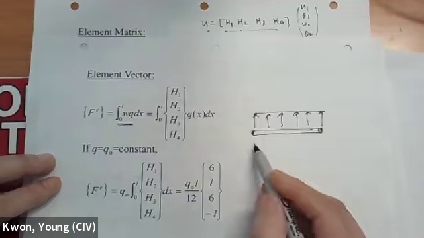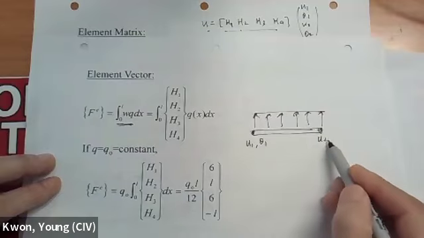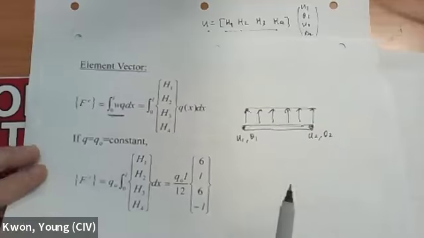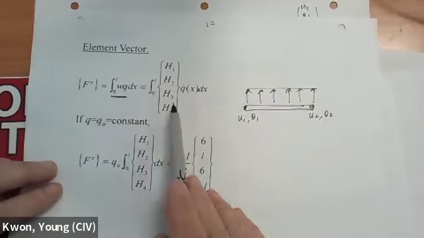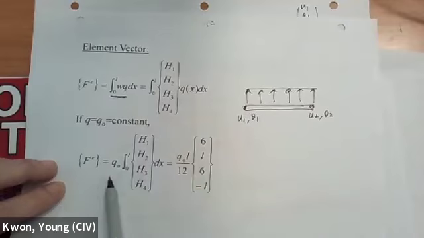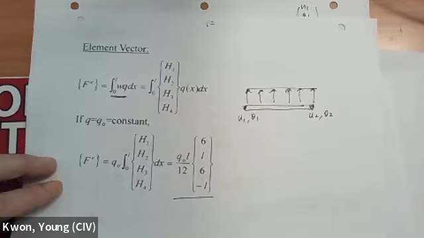Right? It's node 1 and node 2, U1 and theta 1, U2 and theta 2. Then if you evaluate this mathematically, we don't do anything special other than the integration of that shape function, and then you come up with this. What does it mean?